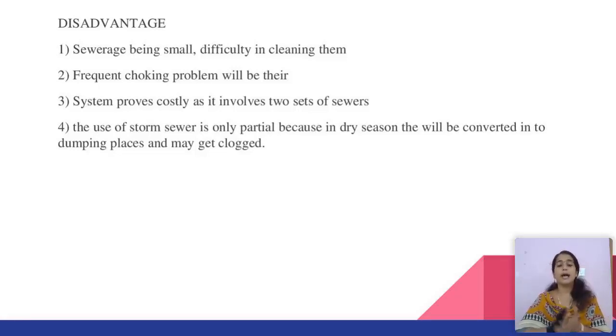The flow will happen only in the rainy season in the rain sewers, that is storm sewers, and in all other weather conditions it will be dry. And if it is an open sewer, then all the waste will be dumped into that particular drainage, and there may be chances of clogging during the rainy season.